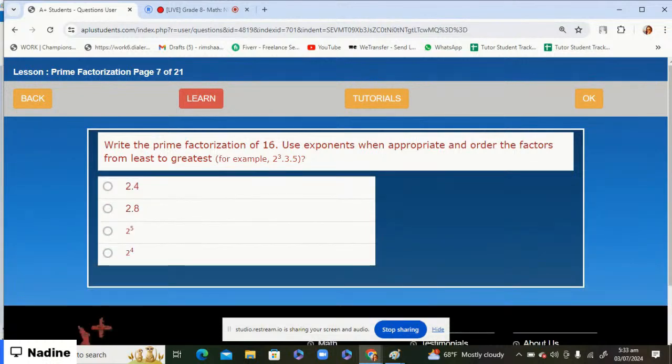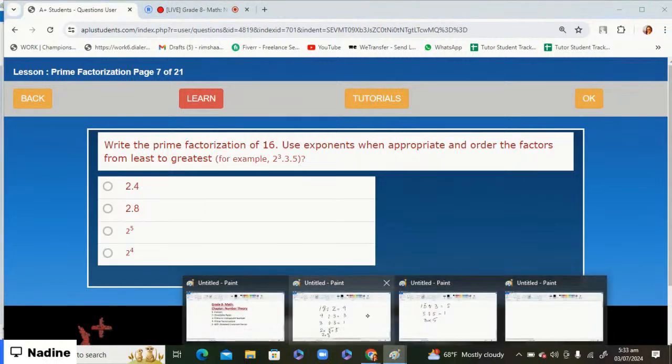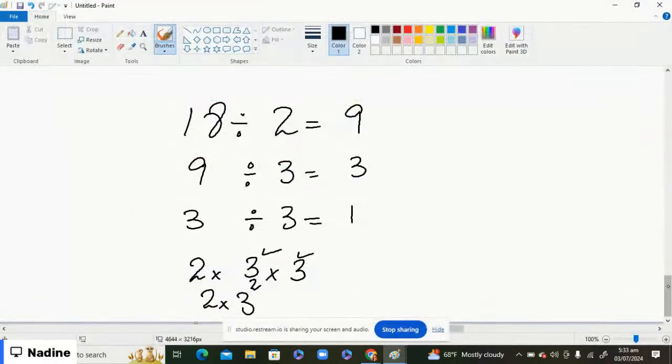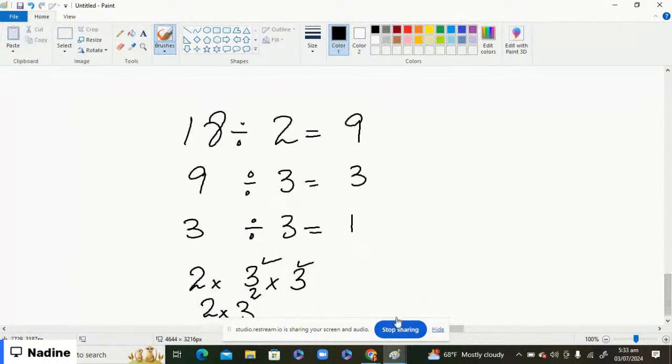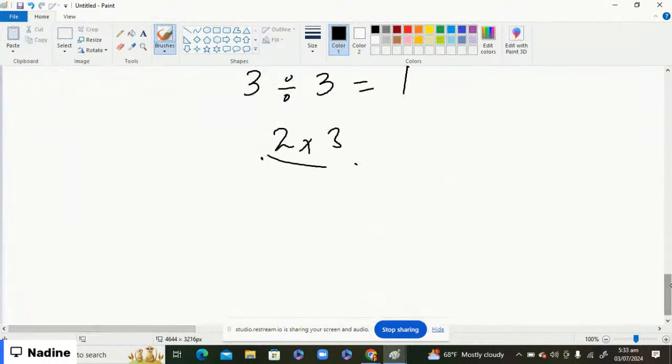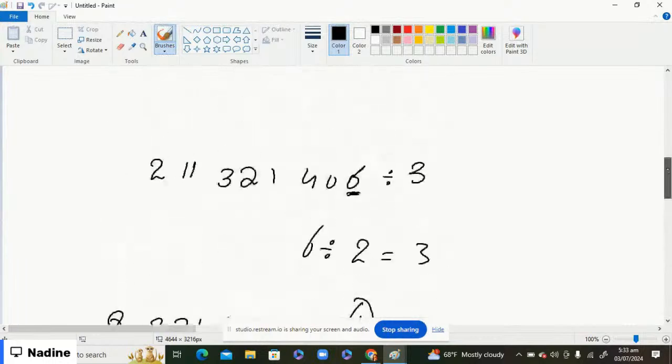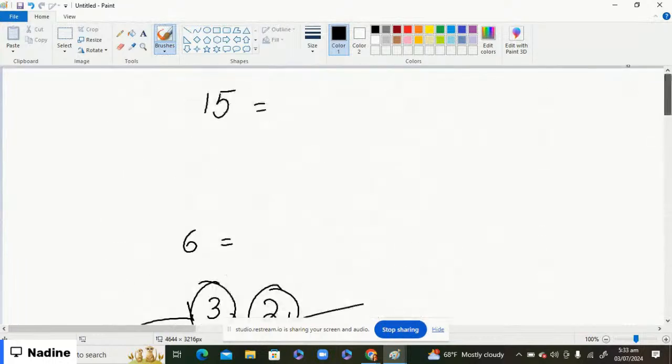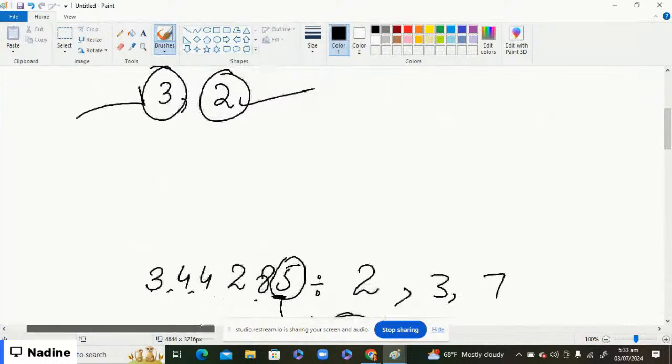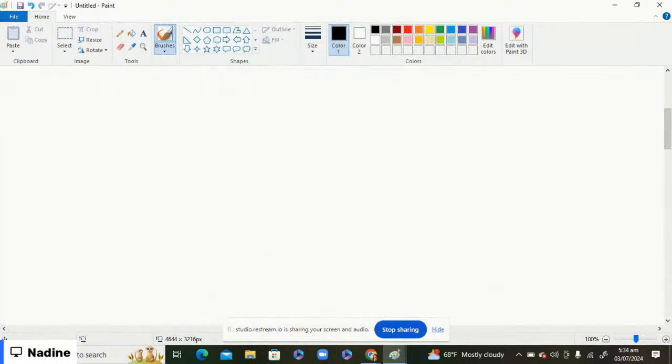Write the prime factorization of 16. Where did we do 16? I think we have done it. Yeah, maybe we haven't. For 16, okay, 16 divided by 2 is 8.